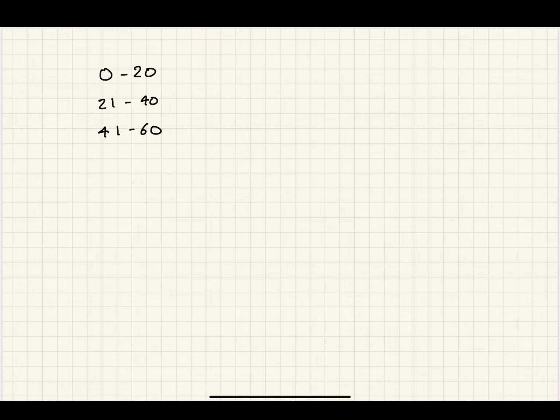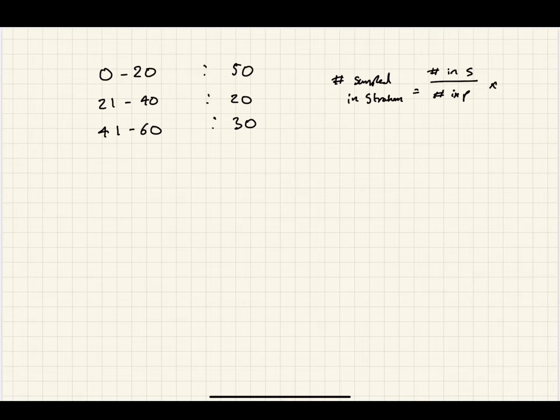So what would happen in this case is, let's say I've got 50 0 to 20-year-olds, about 20 21 to 40-year-olds, and about 30 41 to 60-year-olds. If you remember what our equation before was, the number sampled in stratum was equal to the number in stratum over the number in our population, and we times that by the population size, like this.